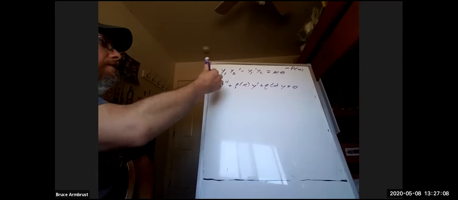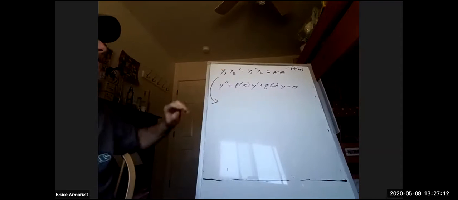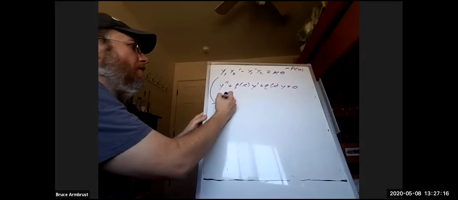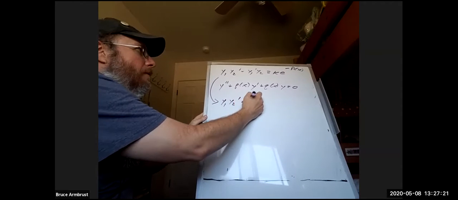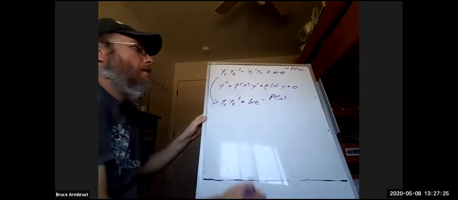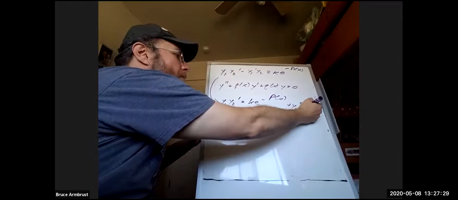So here's what I'm going to do. Let's take this first one, this relationship, because we were told, hey, if this, show that y2 is a solution. I'm going to start by solving that for y2 prime. So I'm going to move the y1 prime y2 over here.